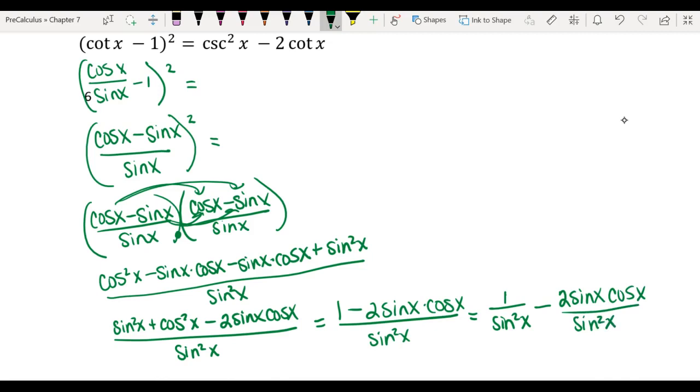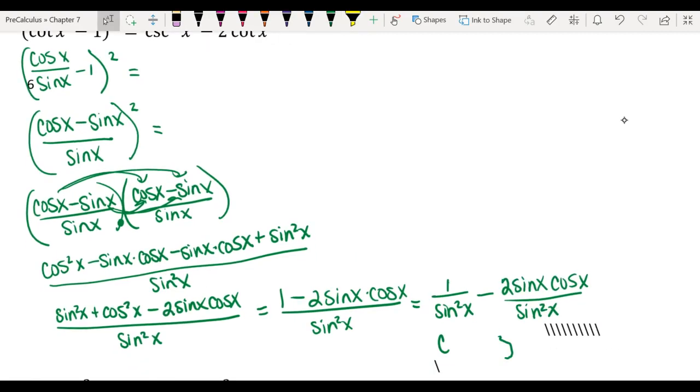What is 1 over sine? Cosecant. And so if I have 1 over sine squared, isn't that cosecant squared? So that first fraction is cosecant squared, which is what we wanted.